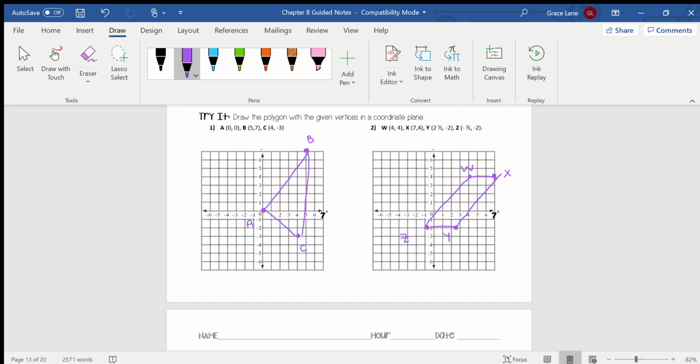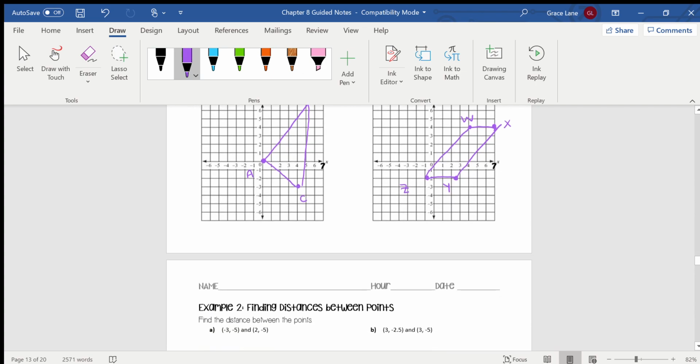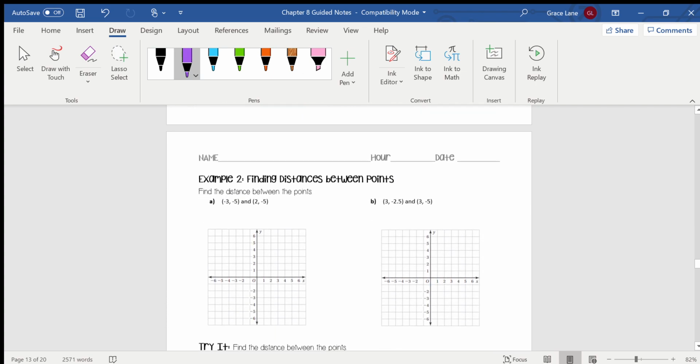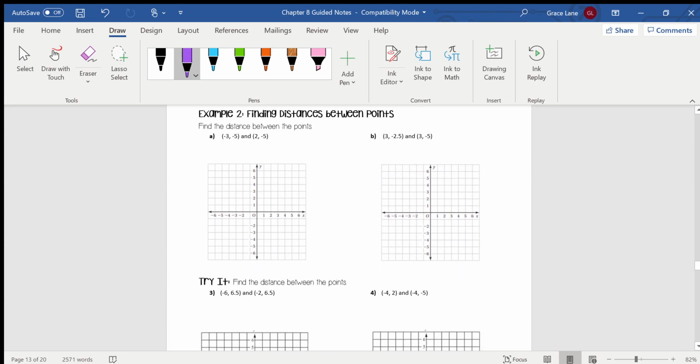All right, so that was just basic drawing the polygons, and now we're going to practice finding the distance between 2 points. So if you've ever played the game Battleship, how you kind of mark your points or where your ships are in the game, you say like A5, which means you go over to A and up 5.